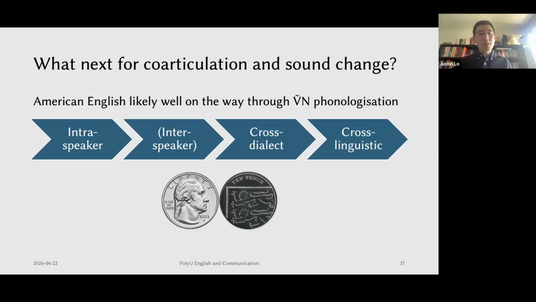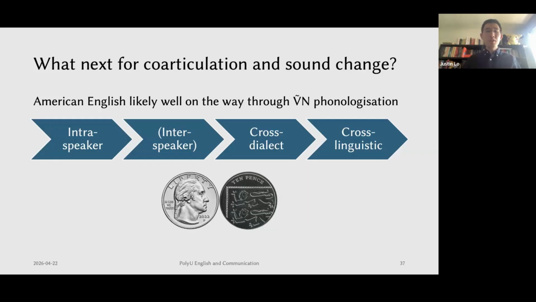But all the evidence seems to suggest that American English is likely already well on the way towards some kind of phonologized nasal coarticulation. And we saw that from the cross-linguistic comparisons we did. In comparing some of the results that I have on British English versus American English, we can see that British English speakers and American English speakers are doing very different things.